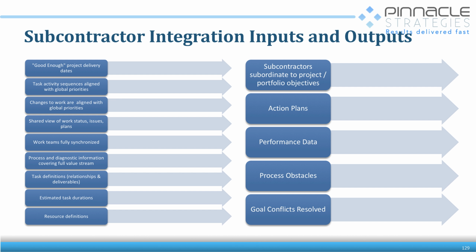So we're bringing that subcontractor company, that is typically operating under their own set of rules, into our domain. And we're going to get action plans, performance data, process obstacles, and functional alignment at the subcontractor.